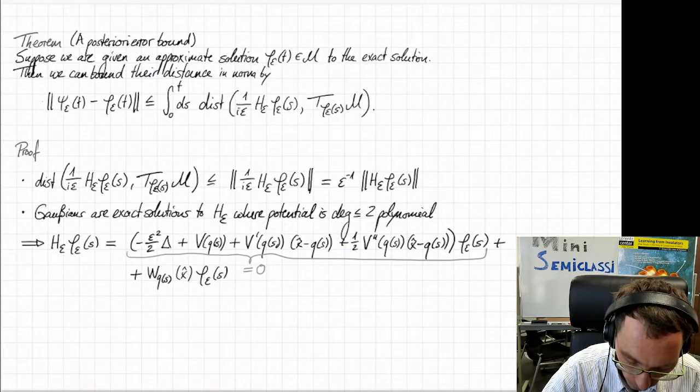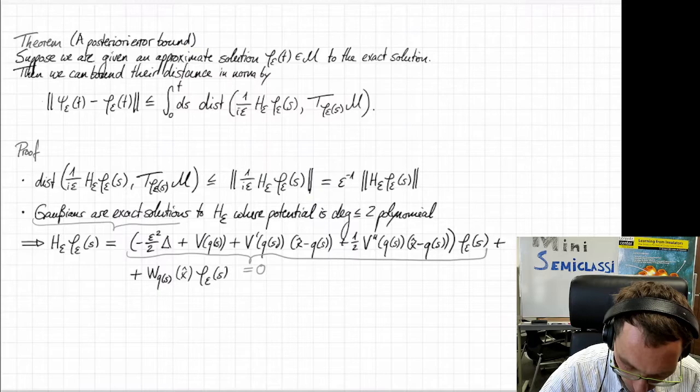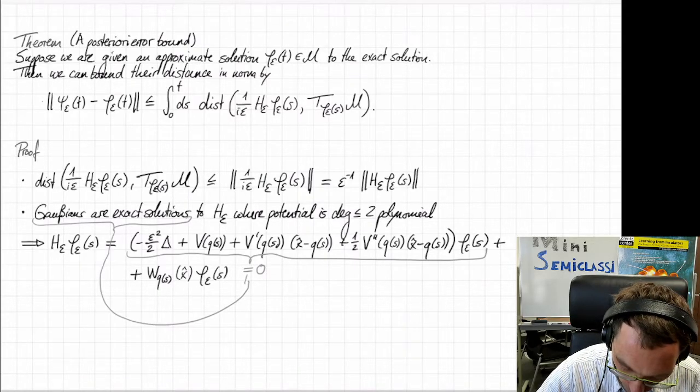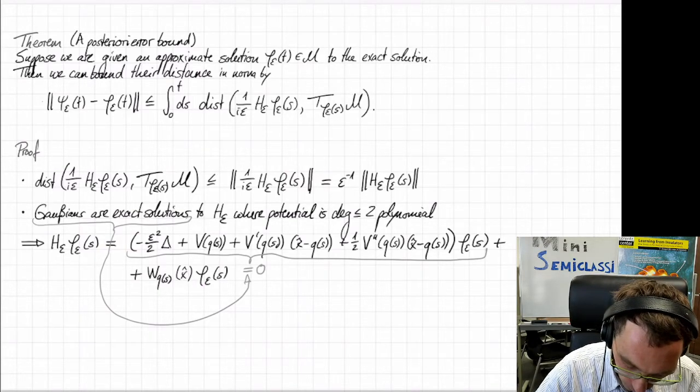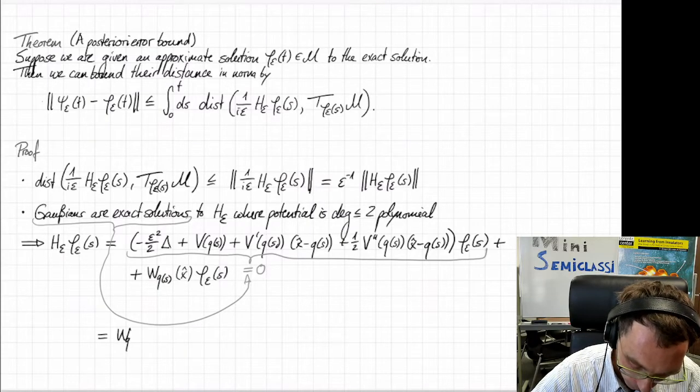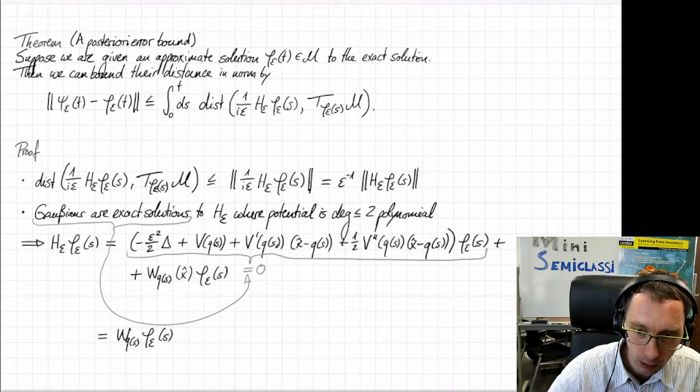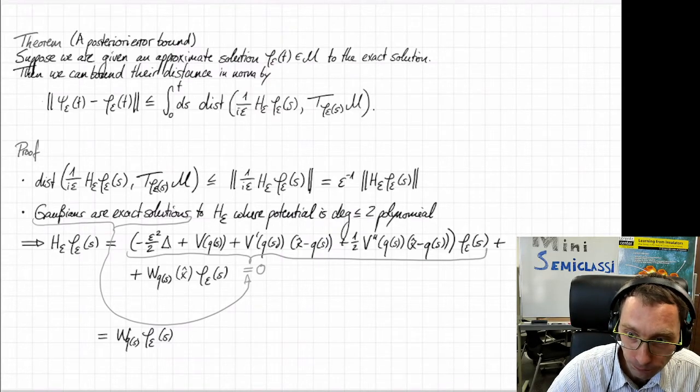So this here is used in here, and all that remains is the remainder of the Taylor expansion of the potential applied to phi epsilon of S. So that's very, very simple.